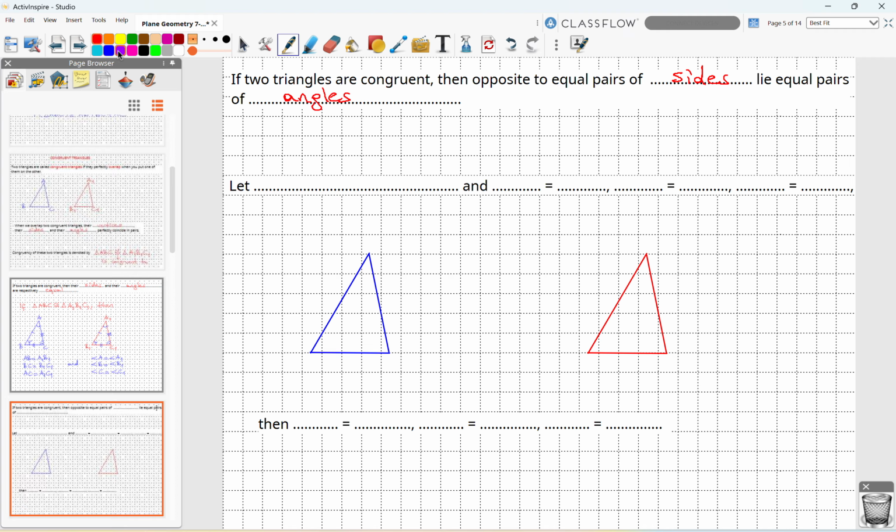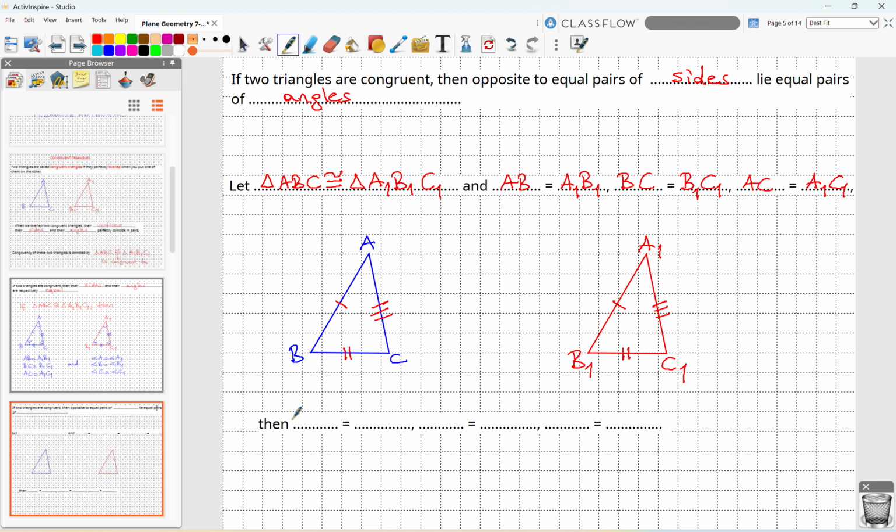For example, let triangle ABC be congruent to triangle A1B1C1, where AB equals A1B1, BC equals B1C1, and AC equals A1C1.